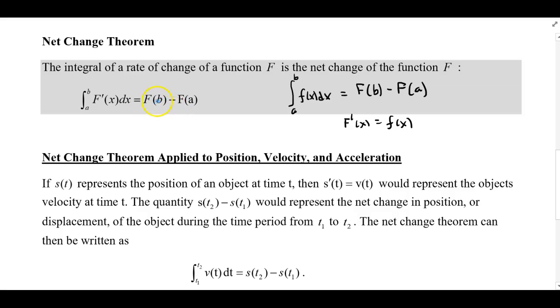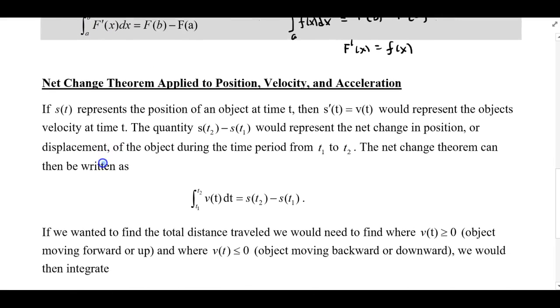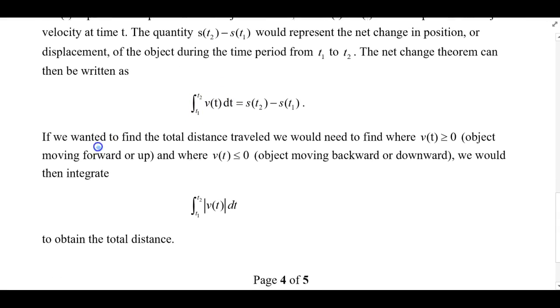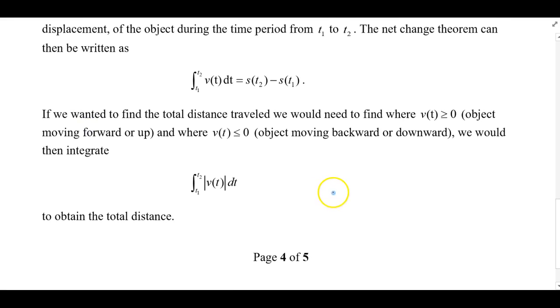So pretty much, if I want to find the net change of a function, I integrate its rate of change. We can apply that to position and velocity, because if I want to find the net change of position, then I integrate the rate of change of position, which is your velocity function. Now, because an object can move forward and backwards, if an object is moving backwards, it will cancel out some of the forward movement.